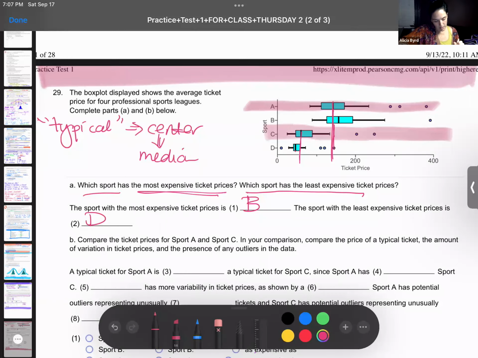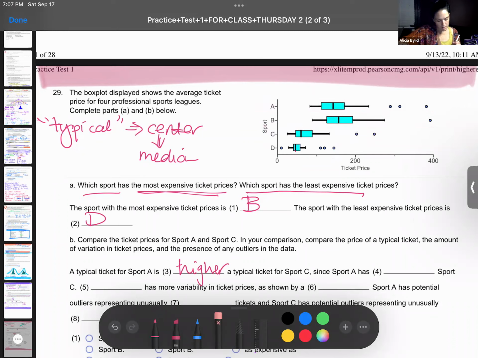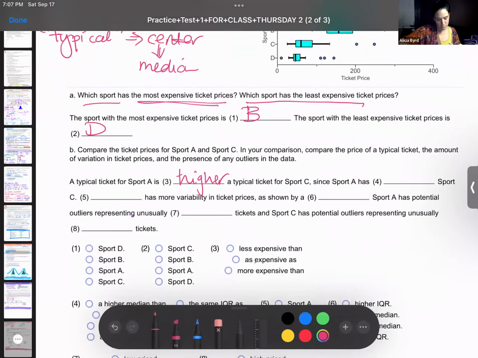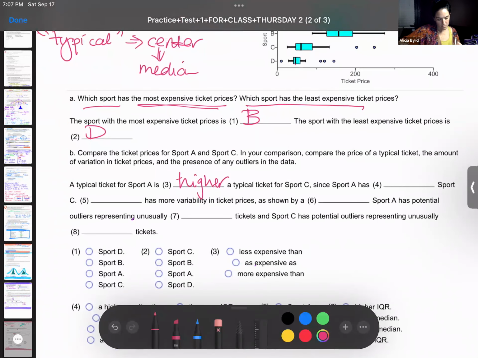So sport A is obviously higher. It's going to have a higher typical cost because that central median value is higher for A than it is for C, right? And then since sport A has, let me see how we fill these in. Oh, it's more expensive then.